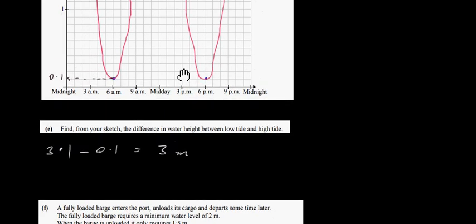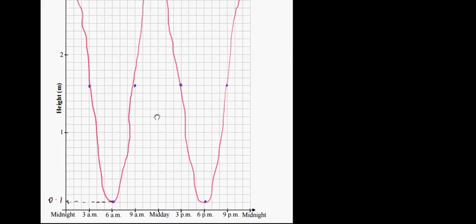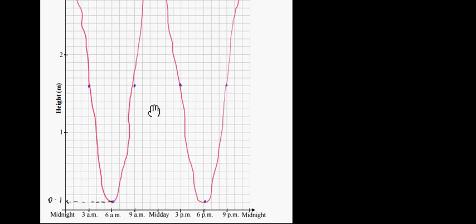So when it's loaded, it requires 2 meters, and then when it's unloaded, 1.5. So let's go back to our sketch here. So okay, we're going to look at 2 meters. So it needs 2 meters when it's loaded, and it is 1.5 when it's unloaded. So let's have a look. I'll use a different color here. Okay, so we'll use blue. So 2 meters is here, so if we just go across here, we could use this point here, go down, but if we look at 1.5 here, 1.5 is, let's see, 1, 2, 3, 4, 5 here.